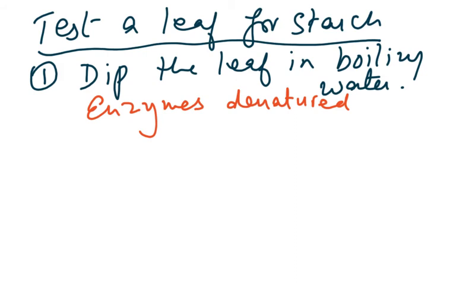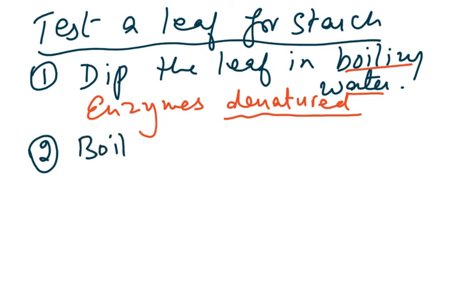So, enzymes will be denatured. So, do not say enzymes killed. Enzyme is a molecule. So enzymes denatured because you've used boiling water and this temperature is very high, 100 degrees. So it's going to denature all the enzymes. So all the reactions are going to stop. Number 2, now you boil the leaf in ethanol.